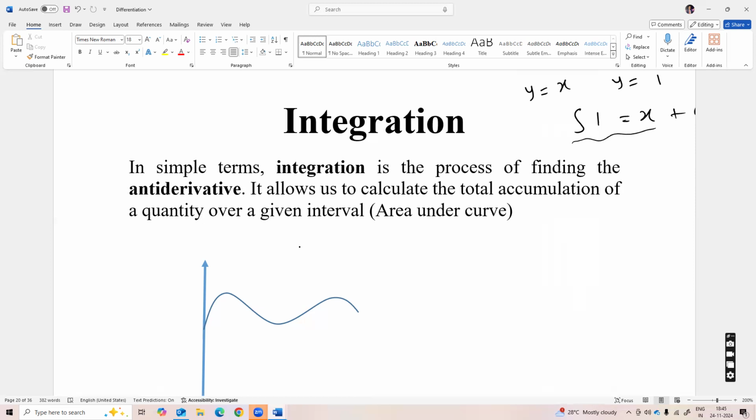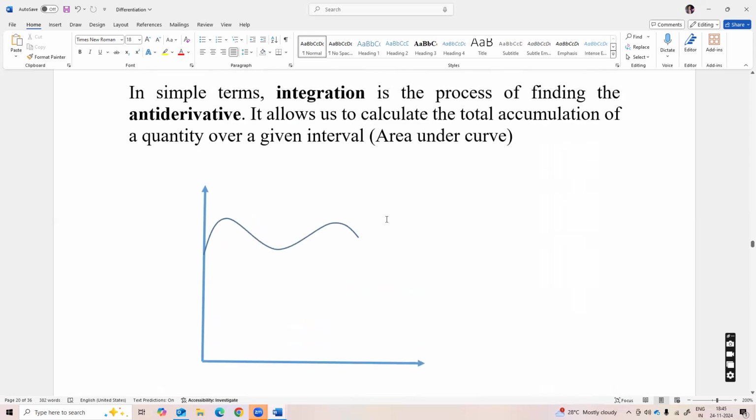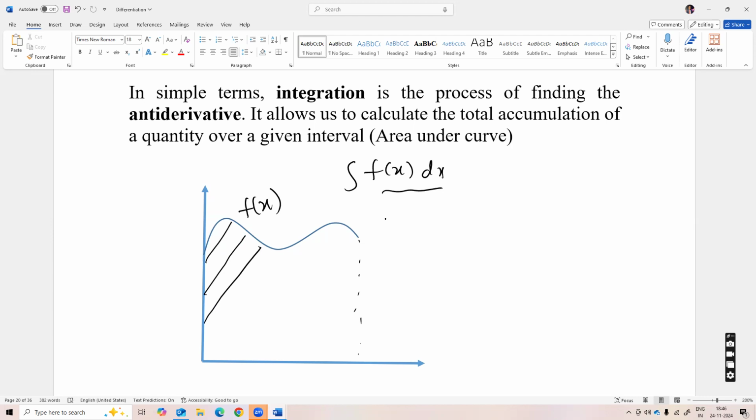So integration is antiderivative, or you can say inverse of derivative. And actually integration means, let's say if you have some curve f of x and you find its integration with respect to x, it will basically give the area under the curve and the x-axis.